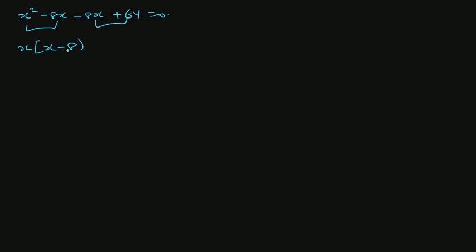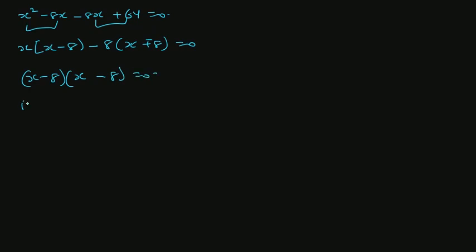Since we want x to remain positive, we take out a negative 8, and I remain with x minus 8. So you see we have negative 8 times x minus 8, and this is also x minus 8. So we take out x minus 8, and what do we remain with? It is x, and here negative 8, equals 0.